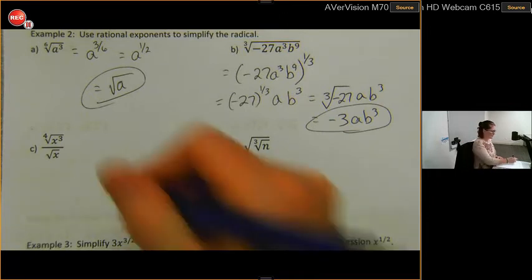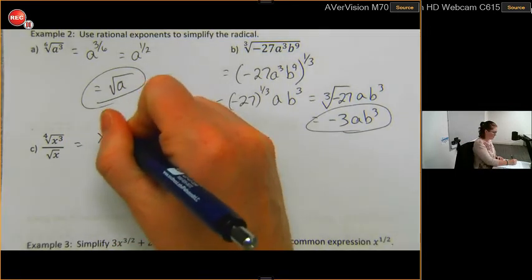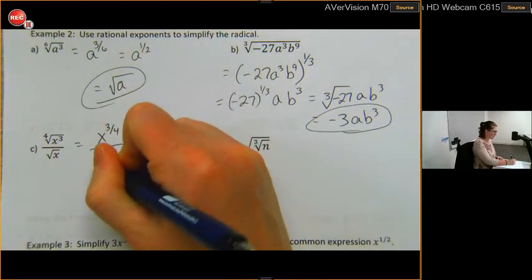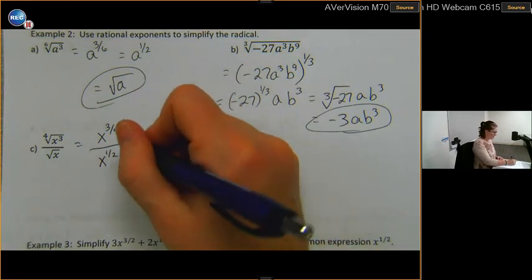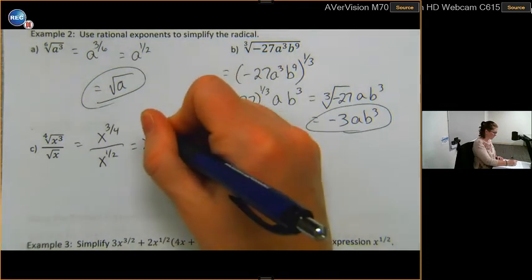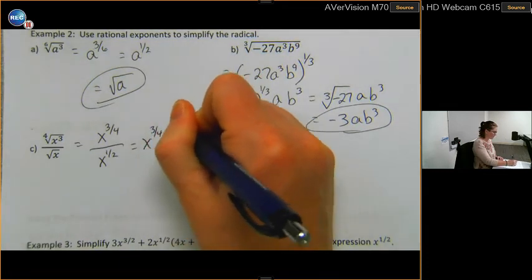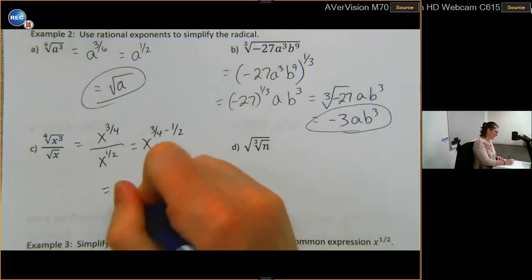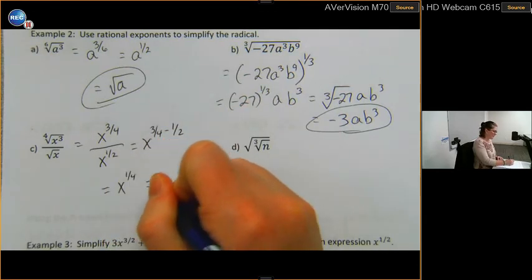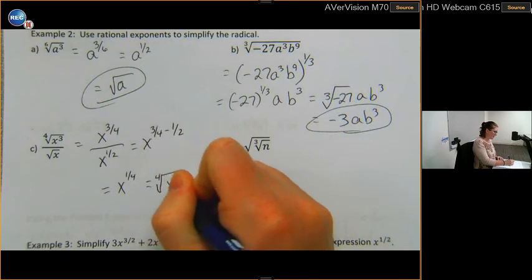Part C, changing to rational exponents using the quotient rule, taking 3/4 minus 1/2 and putting it back in radical notation.